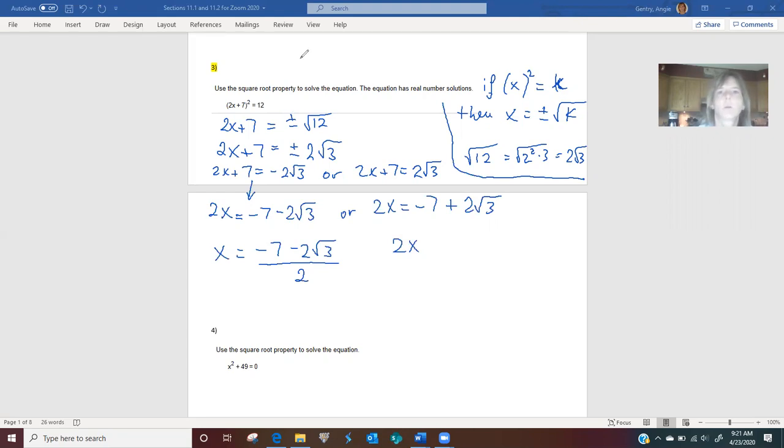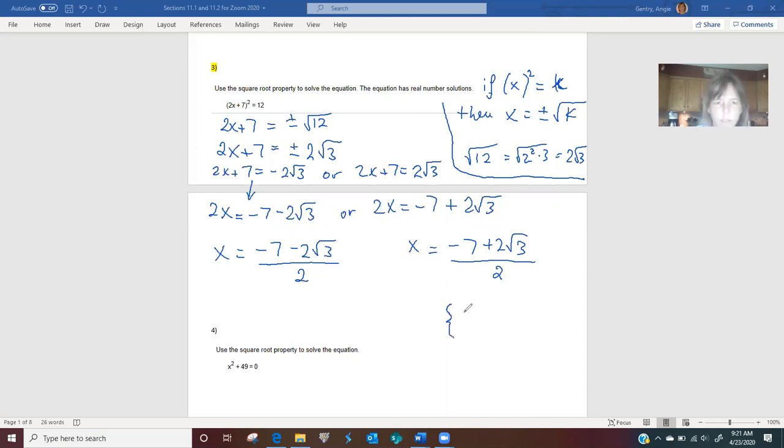We have a lot of options, so that can be a little bit difficult. Now you're going to take this side, you're going to divide by 2, and whatever you do here, you do here. So you have -7 plus 2 square root of 3 all over 2. And again, the computer will also take this as a final answer.